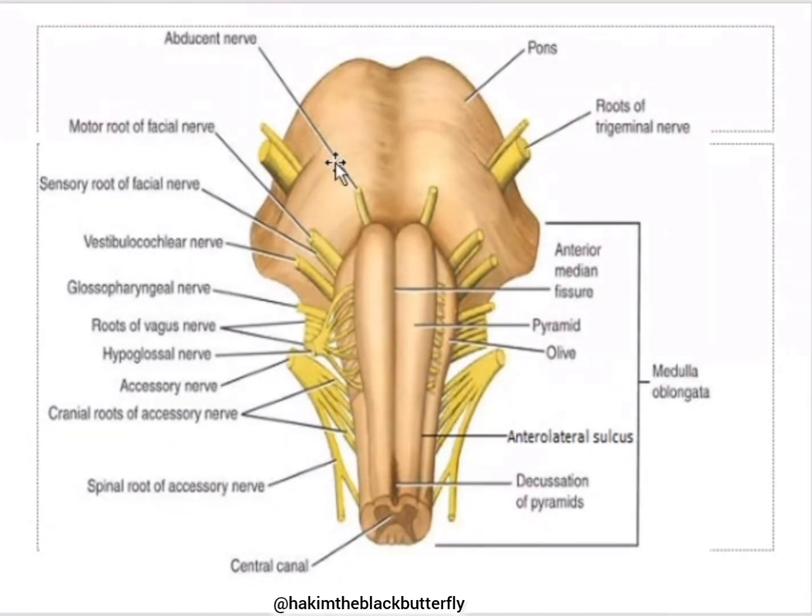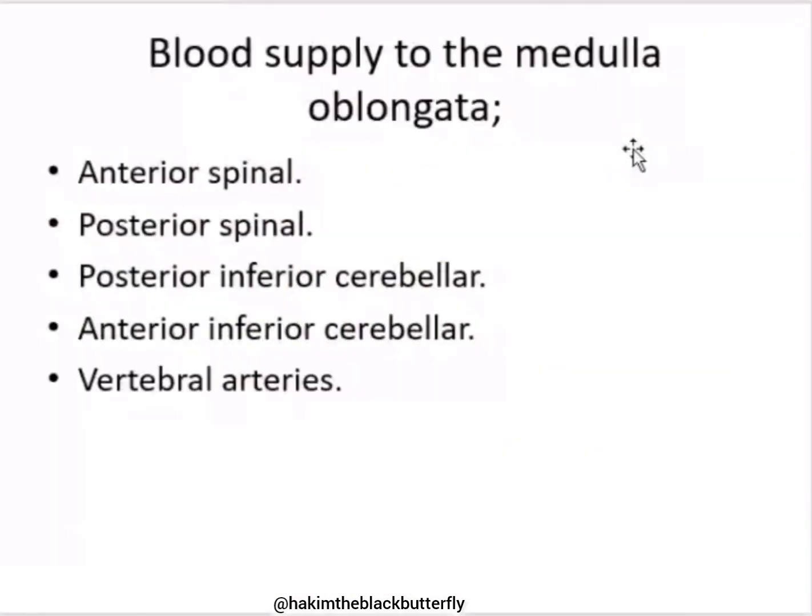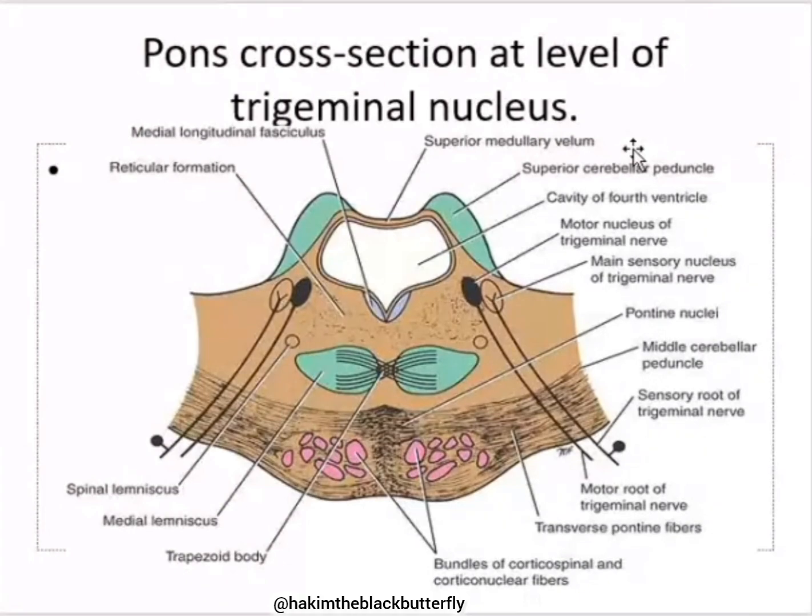Now we are going to make another cross section at the level of the nucleus of the trigeminal nerve, because this is the trigeminal nerve. It has a big sensory root and a small motor root. So we have been making a cross section at the level of the facial nerve nucleus. Now we are going to make it at the level of the trigeminal nerve nucleus, and we see the difference of what is located on the inside of the pons.